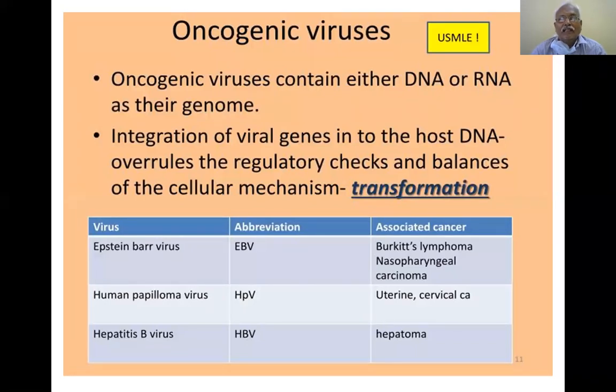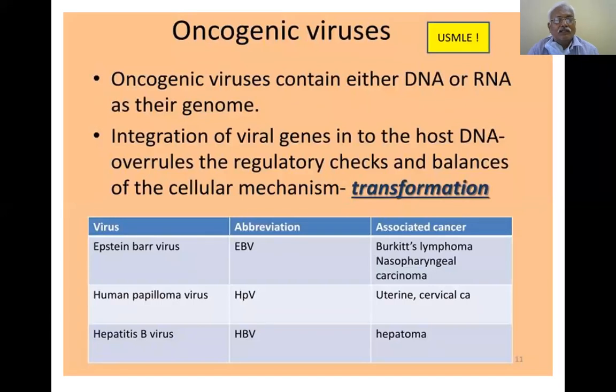Until then, it used to have good regulatory checks and balances in the cellular mechanisms. And once the viral genes integrate into the host DNA, then the regulatory checks will be lost. It will be going mad. It will be running amok. And the balance of cellular mechanisms will be damaged. This is known as transformation.